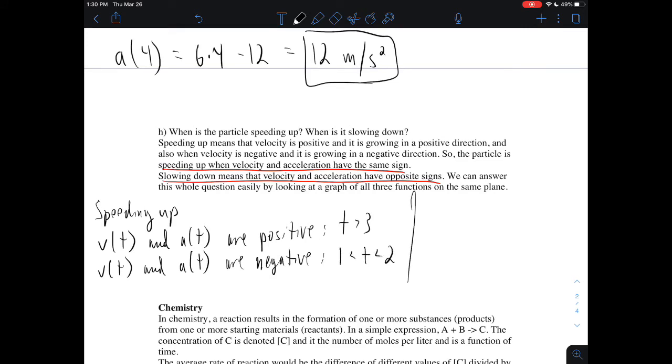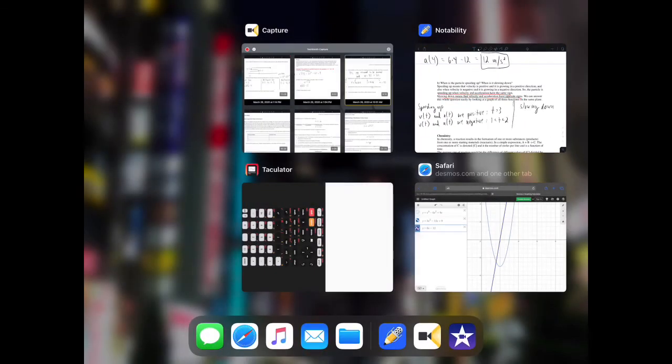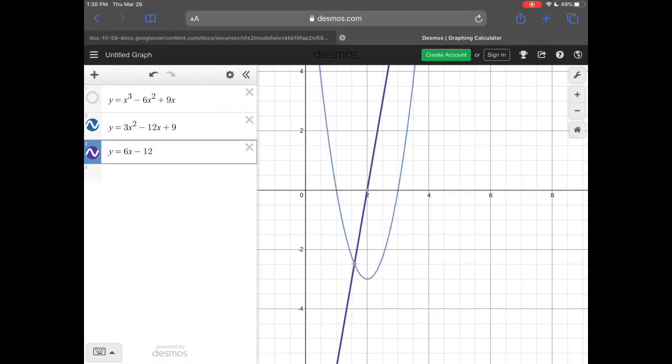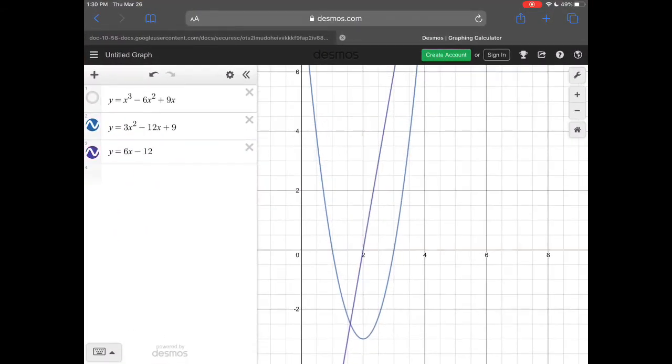So then slowing down, that means that both the velocity and acceleration functions have opposite signs. So meaning one's positive and one's negative. So first of all, we can see that the velocity function is positive from 0 to 1 seconds, but the acceleration function is negative.